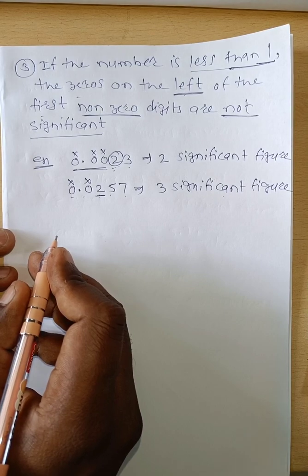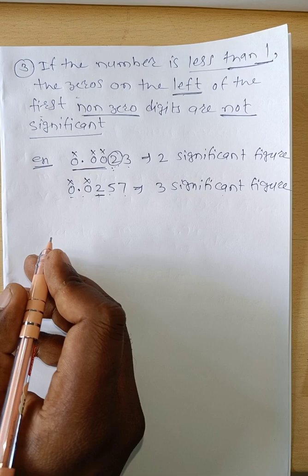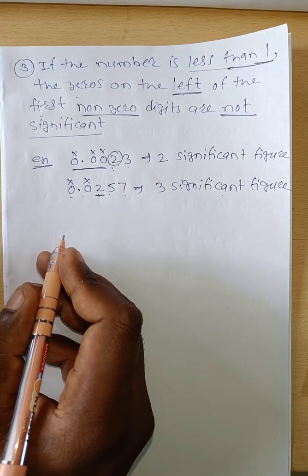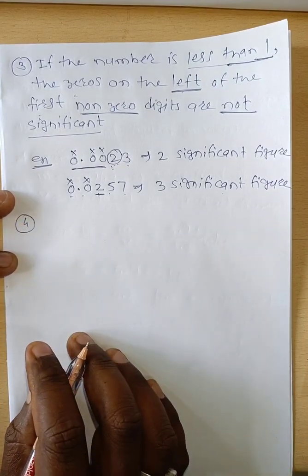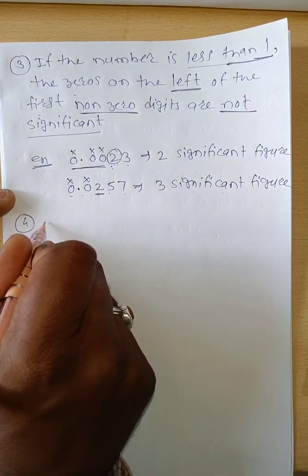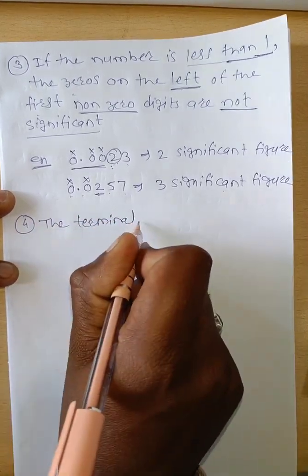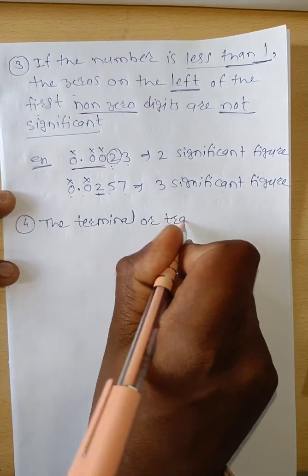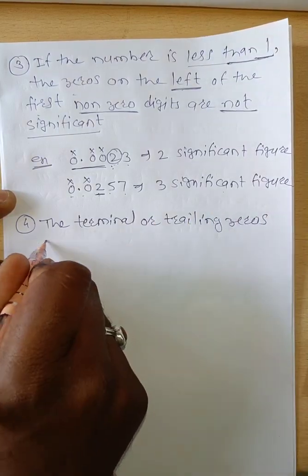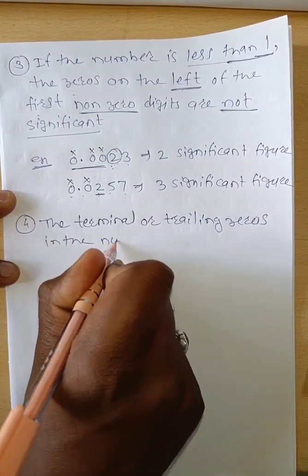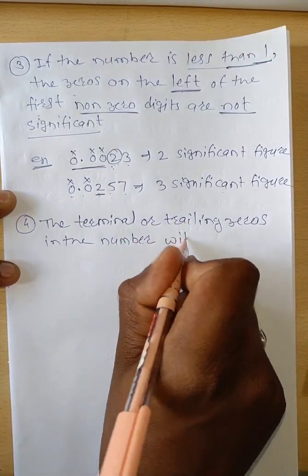Now this is rule number 3. If the number is less than 1, then the zeros on the left of the first non-zero numbers are not significant. Now next rule, rule number 4: the terminal or trailing zeros in a number without a decimal.